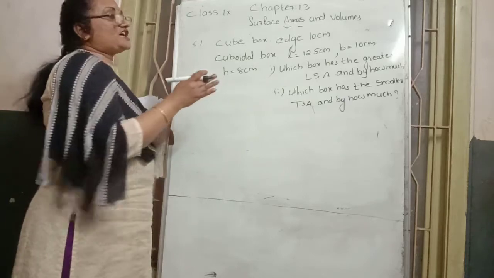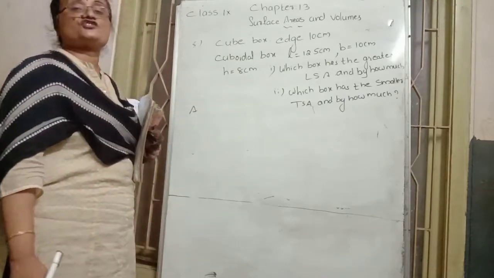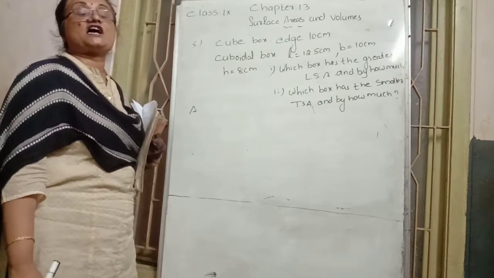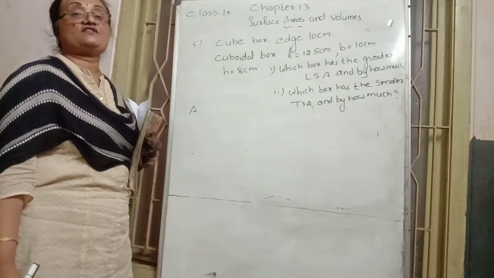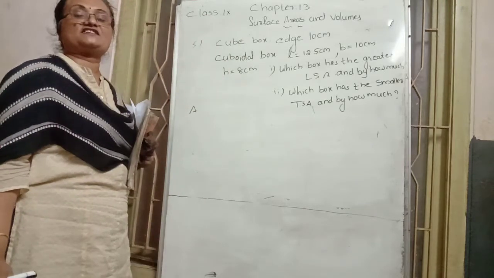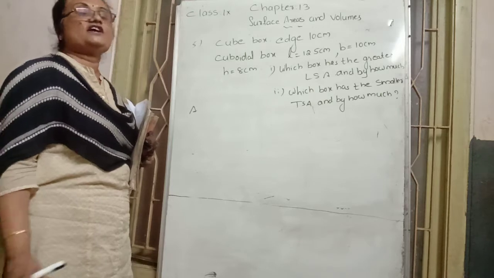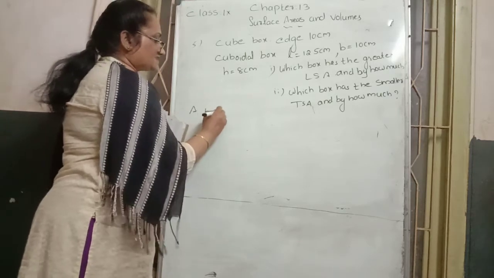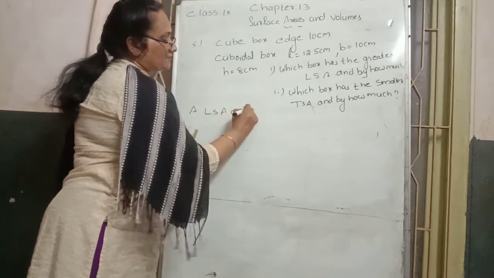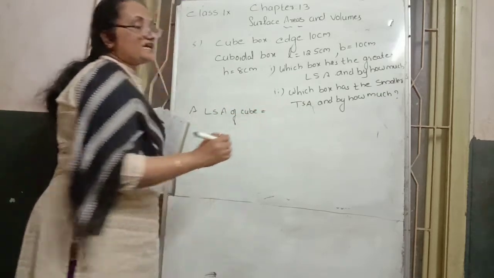In both shapes we do a comparison. In the first part, what they ask us to find is which box has more lateral surface area. That's why we want to separately find the LSA of a cube and the LSA of a cuboid. First, the LSA of a cube. The first box is a cube. What is the formula?